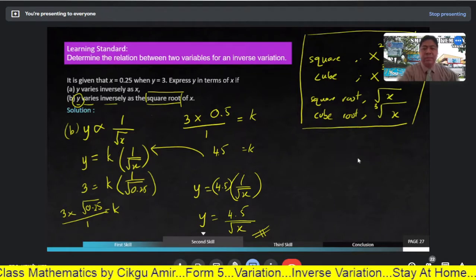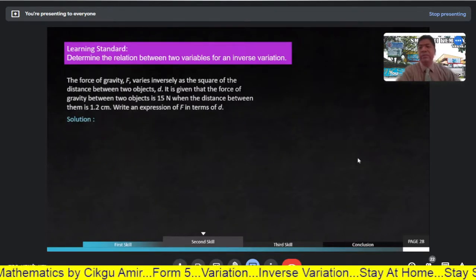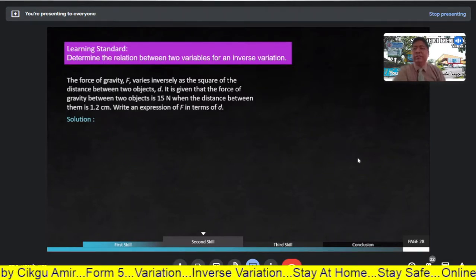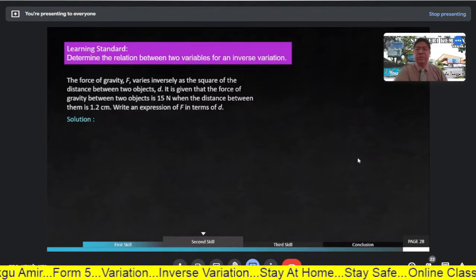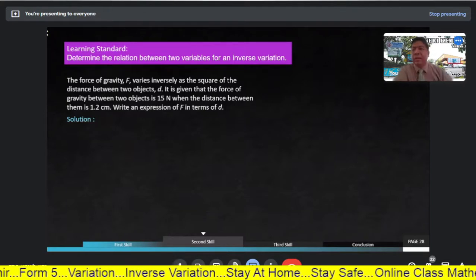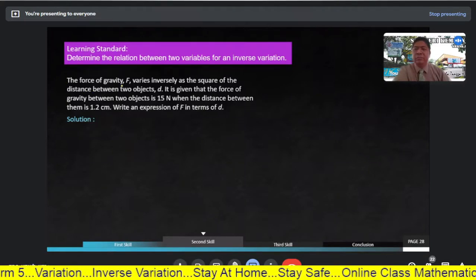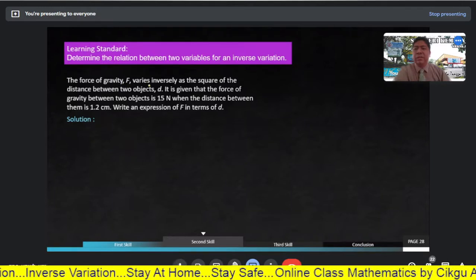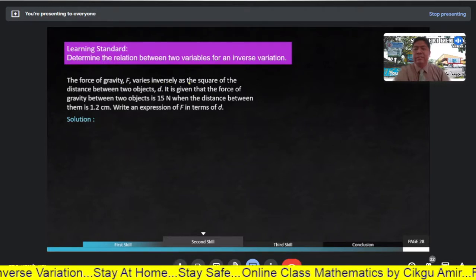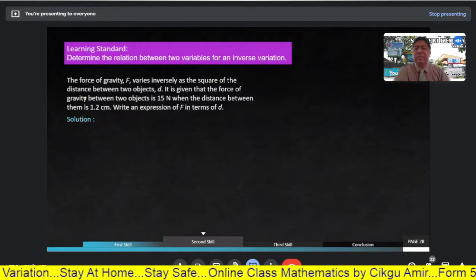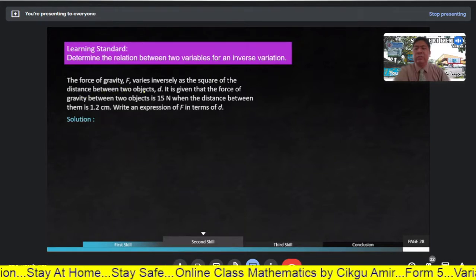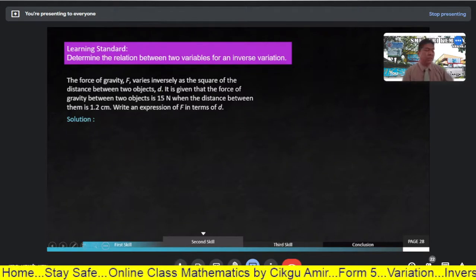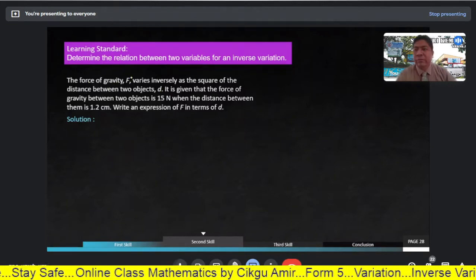Now we move to another question. This is a situation about the force of gravity. The force of gravity F varies inversely as the square of the distance between two objects D. So we have F here.